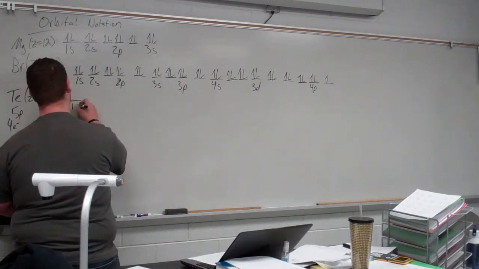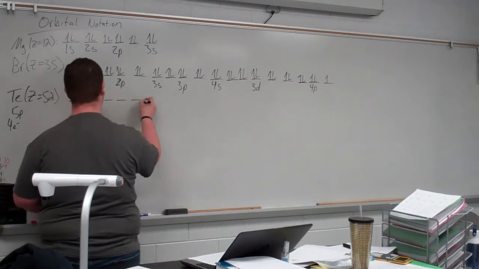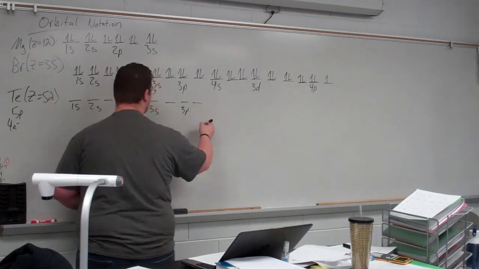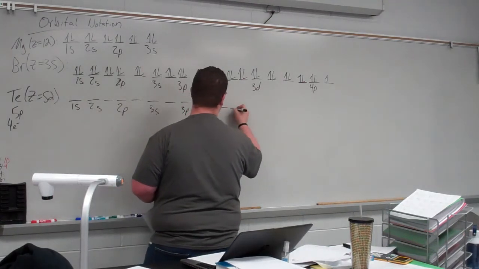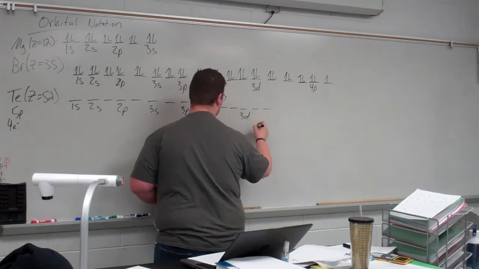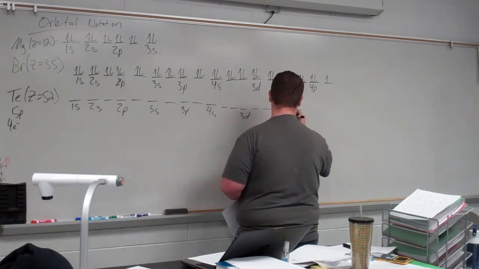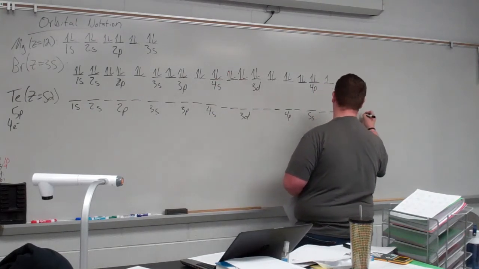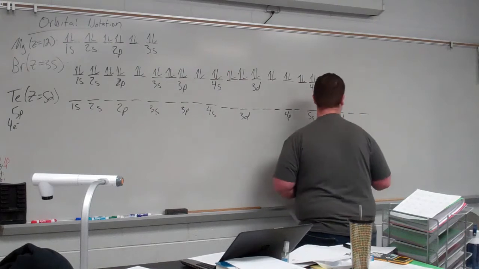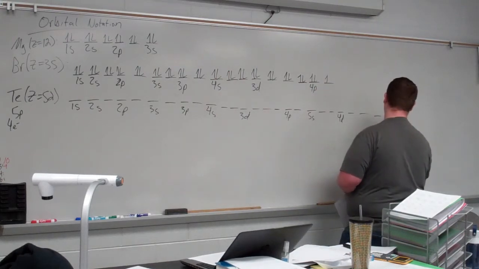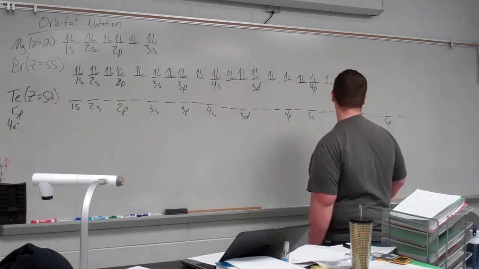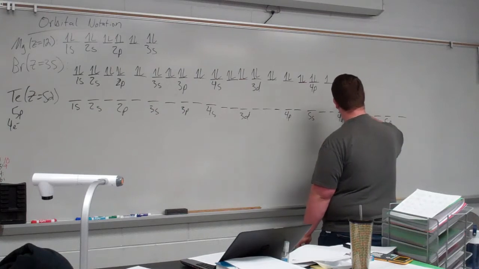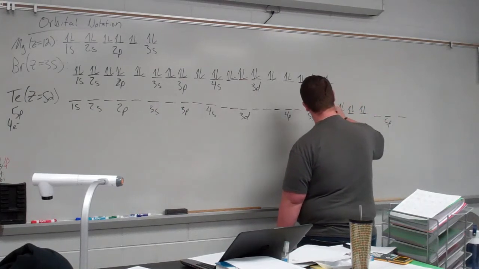So, hit again, all the way through 1s, 2s, 2p, 3s, 3p, 4s, 3d, 4p, 5s, 4d, 5p, which is my stopping point. I have 4 electrons in there, so it means it's full all the way to it. So we'll go on and fill up these electrons.